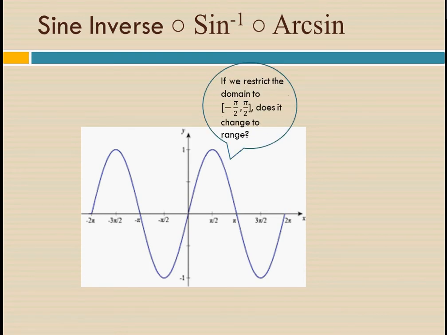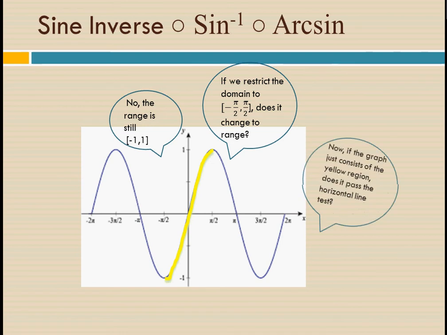If we restrict the domain to be between -pi/2 and pi/2, so let's highlight that, does that change the range? What's the lowest y value on that yellow interval, and what's the highest y value on that yellow interval? The range is still -1 to 1.